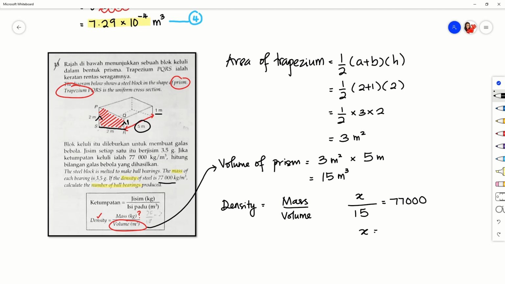That means to find the mass, I will have to take 77,000 and multiply by 15. That's going to give me 1,155,000 kilograms. Okay. So now, the mass of one ball bearing is 3.5 grams.